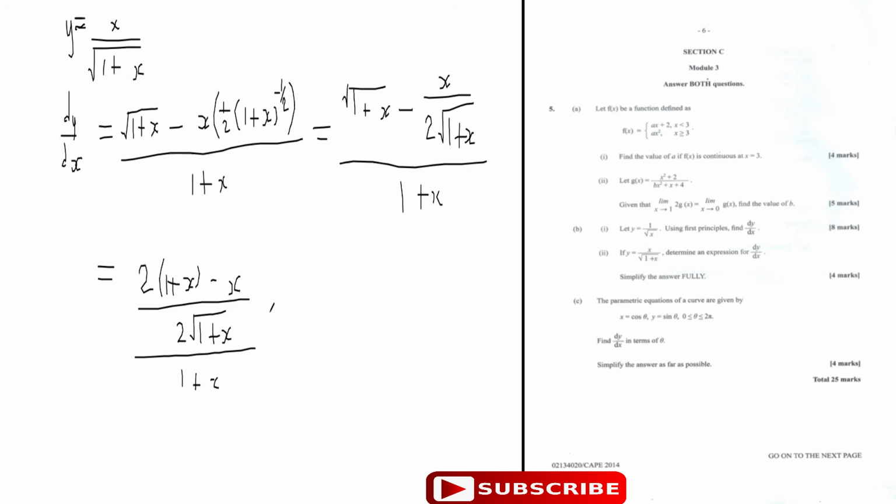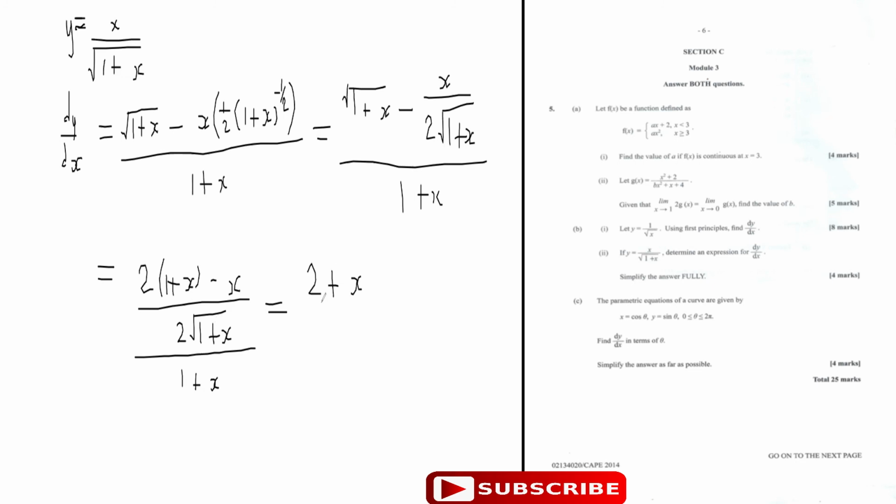Which is equal to this divided by this, 2 plus 2x minus x. It's simplified. 2 plus 2x minus x is just 2 plus x.